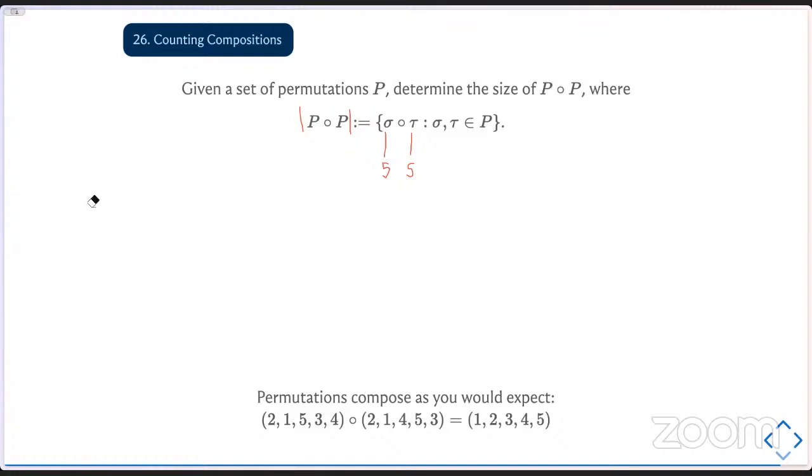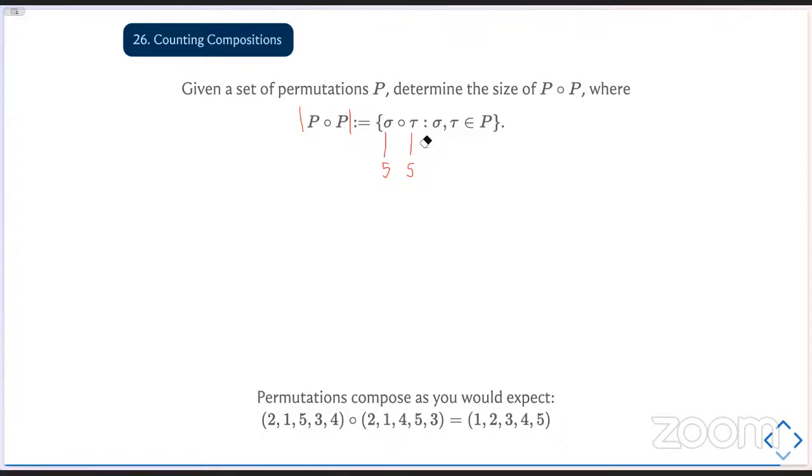In general, no more than size of P squared, because that's just how many things we have to generate the set. So you're not looking at more than size of P squared. But it can be as small as the size of P. You can have a lot of stuff getting knocked out. So in particular, if P is the set of all permutations to begin with, then there's nothing new to generate. So the size of P composed with P is going to be just P itself.